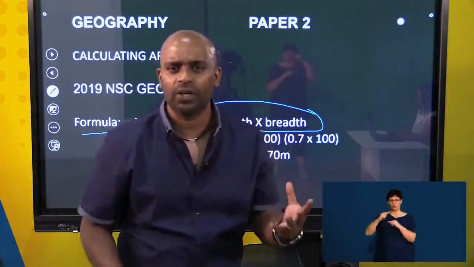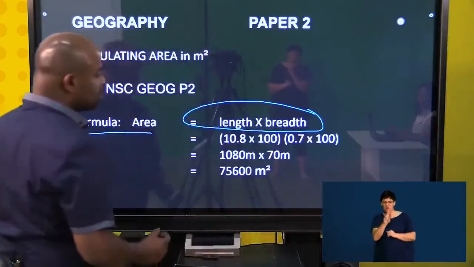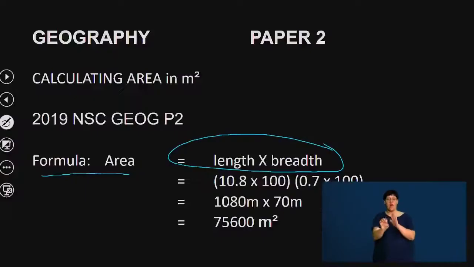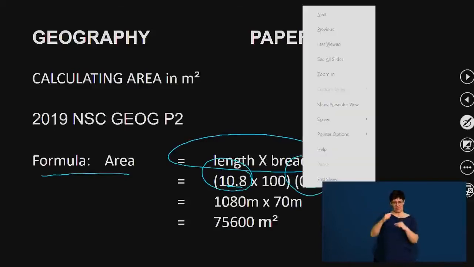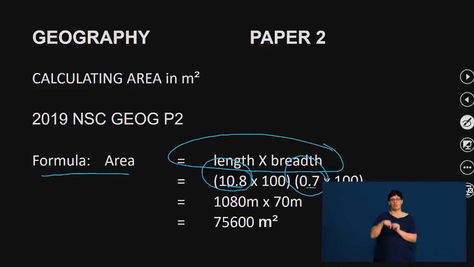Now, let's look at the calculation and its layout. In terms of this particular example, I measured on my map 10.8, which is the length. Notice the difference in the breadth, which is the shorter side, 0.7. Note, I'm multiplying the length by 100 as well as multiplying the breadth by 100.